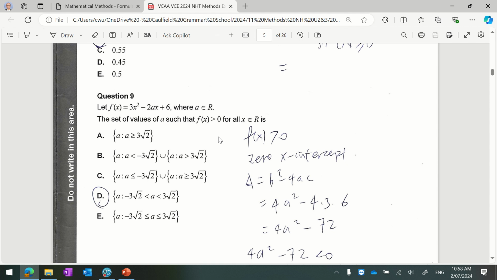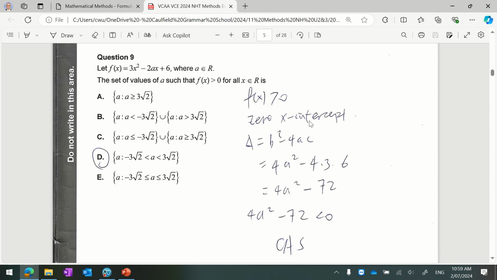Okay, so quadratic here with the A in the middle. A is unknown, it's a real number. The set of values of A is such that f is bigger than 0 for all x real number. So if f is bigger than 0 for all x real number, it means it has no x-intercept.